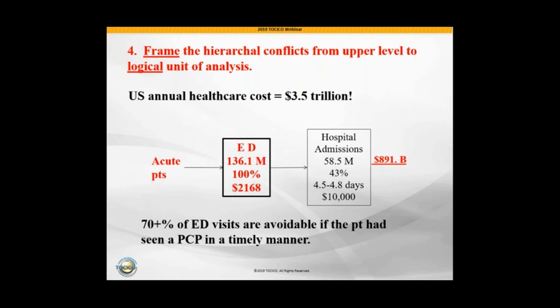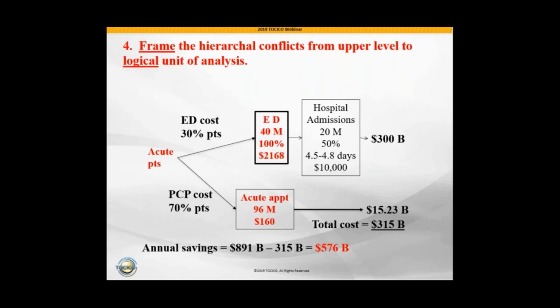Yet, if we looked at that 136 million, over 70% of those patients, if they had seen a primary care physician in a timely manner, would have never had to go to the emergency room. So think about emergency rooms being reduced 70% in size. Thinking about hospital rooms being reduced by 70% in size.